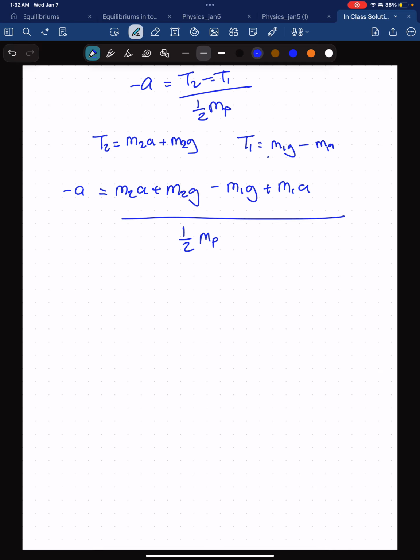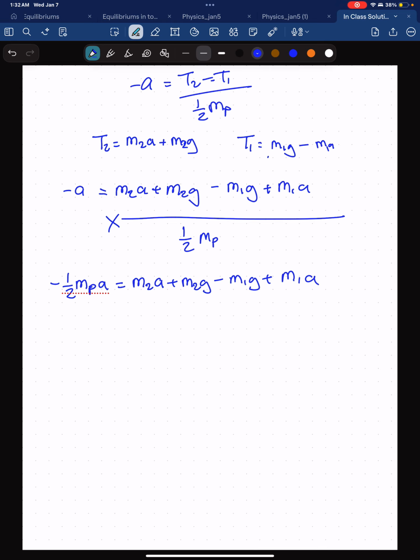We reached this stage in class, but to make our algebra cleaner, all we need to do is cross multiply first. Cross multiply, and it's going to be minus 1/2 MPA equals M2A plus M2G minus M1G plus M1A.